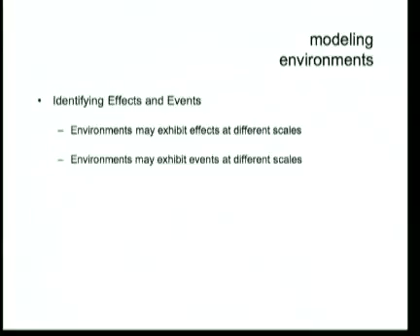Now, environments themselves may exhibit phenomena at various scales. There are effects and events. Environments may capture, in some sense, events on populations of objects. For example, agents moving into a constrained space, say a building.